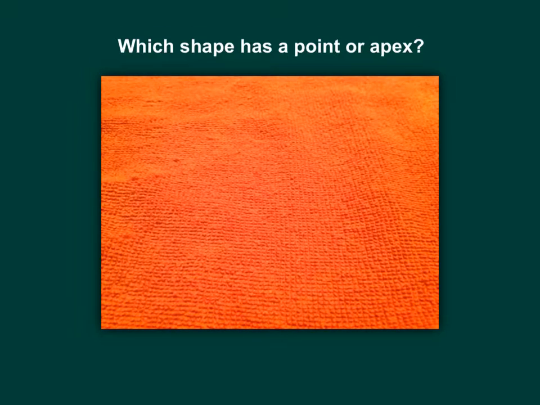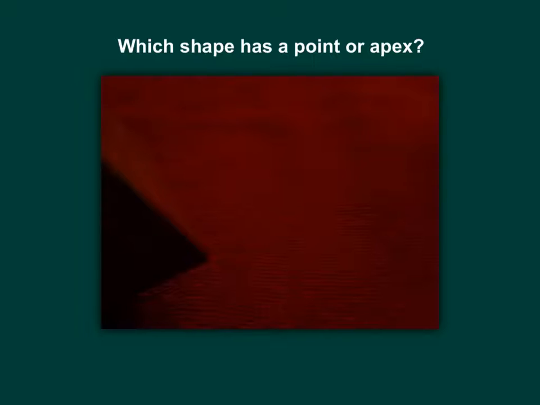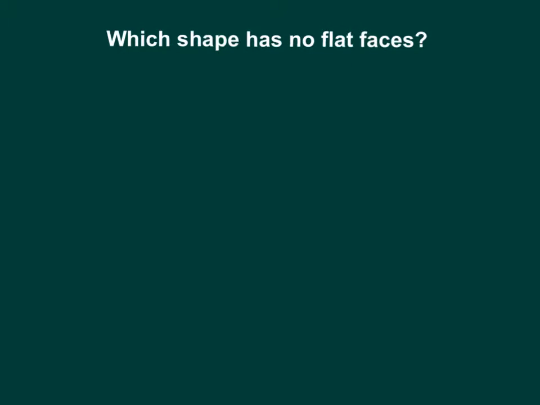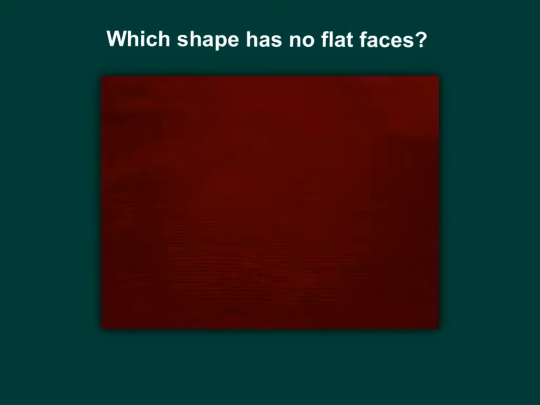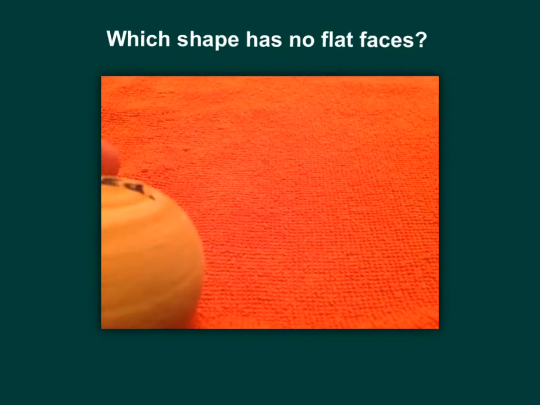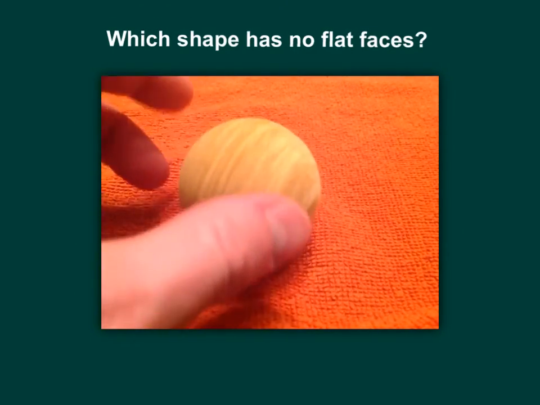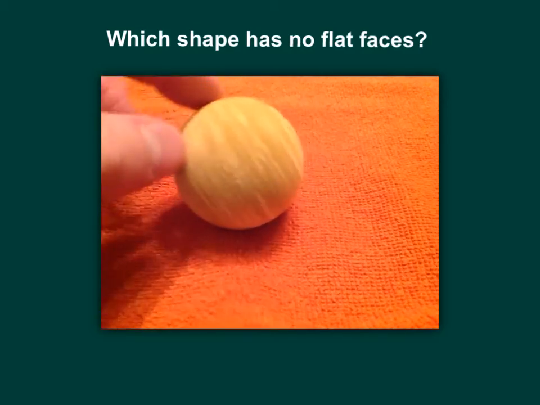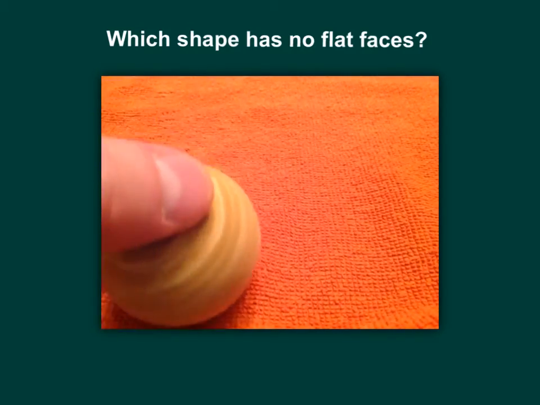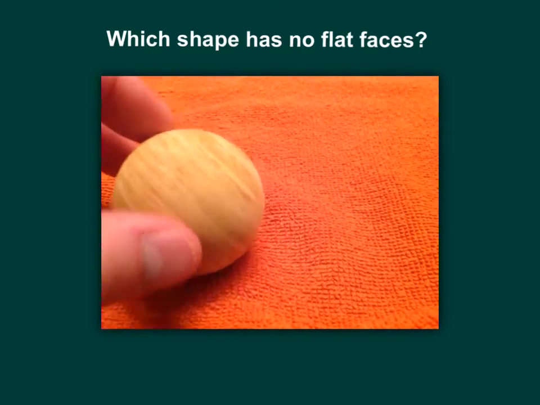None of the other shapes have a point. Which shape has no flat faces? If you guessed the sphere, you are correct. It has no flat faces at all. It's all curved lines.